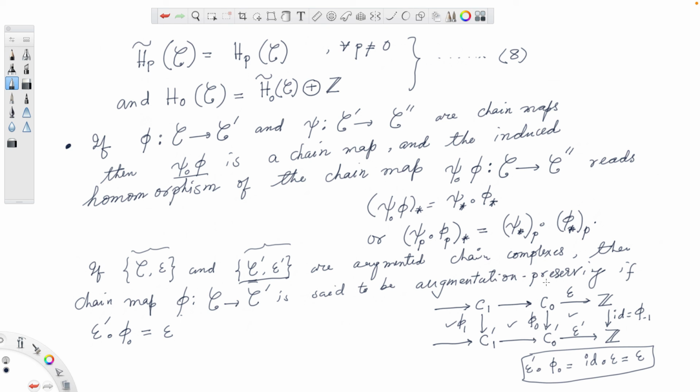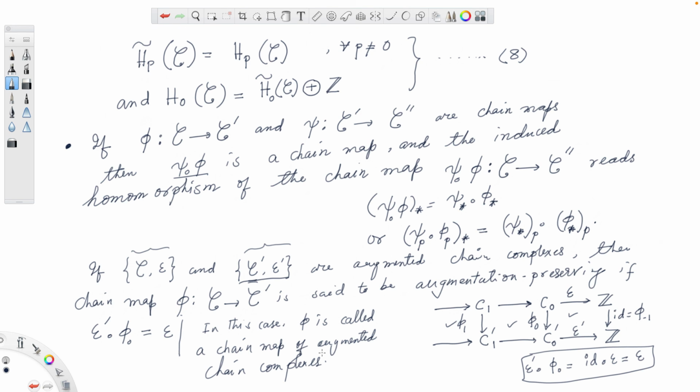Okay, in this case, phi is called a chain map of augmented chain complexes. Okay. So this is the notion of a chain map between augmented chain complexes.